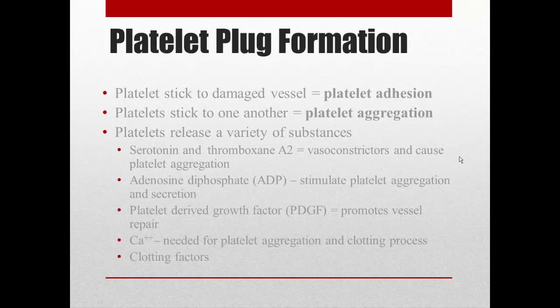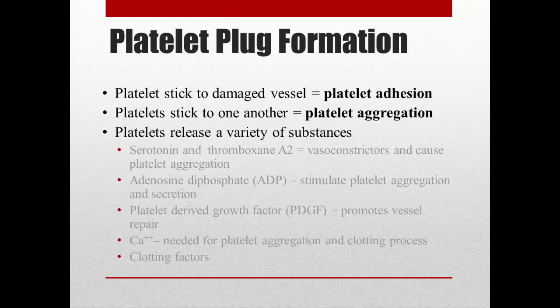The next step along the way is platelet plug formation. This is going to involve multiple steps as well. We've got to get the platelets to adhere, or stick, to the damaged vessel. Then we've got to get them to stick to one another, called platelet aggregation. Once they aggregate, this in turn activates these platelets as well, and then they start releasing all kinds of substances. Serotonin and thromboxane A2 are two of these.